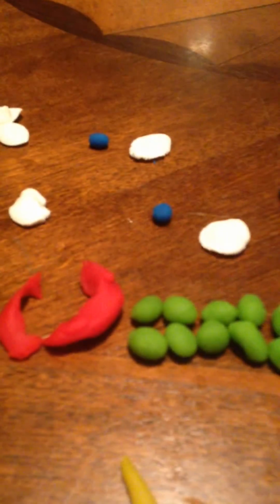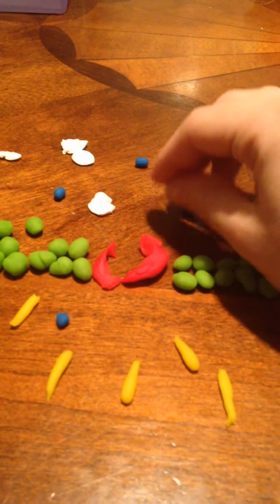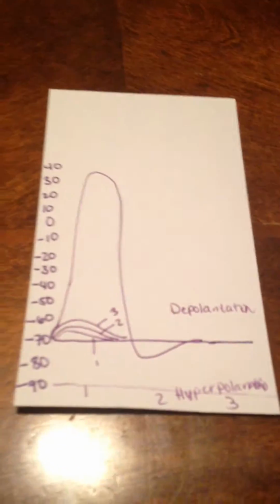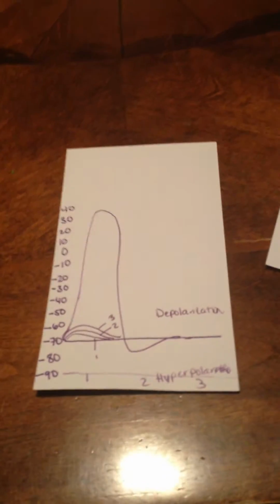Then I'm still working on action potential, which I'm having some difficulties explaining. Action potential is when there's a temporary disturbance in the charge across the axon. The charges, from what I'm understanding, are not the way they're supposed to be, and this graph explains that. I'm trying to figure out if I should do this with a clay model also.